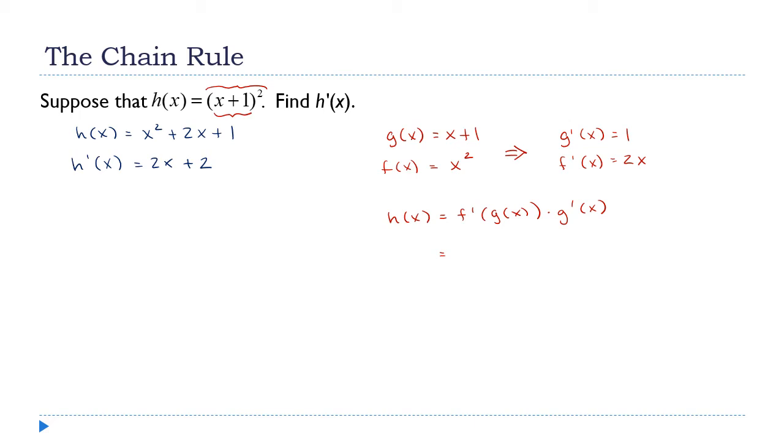All right, so let's see what that is then. f prime of g of x is f prime of x plus 1. g prime of x is 1. So if I put x plus 1 into f prime, that's 2 times x plus 1 times 1. And if I distribute here to get rid of the parentheses, this is 2x plus 2. And yeah, look at that. I got exactly the same thing. It works. We're getting the same answer no matter which way we do this.